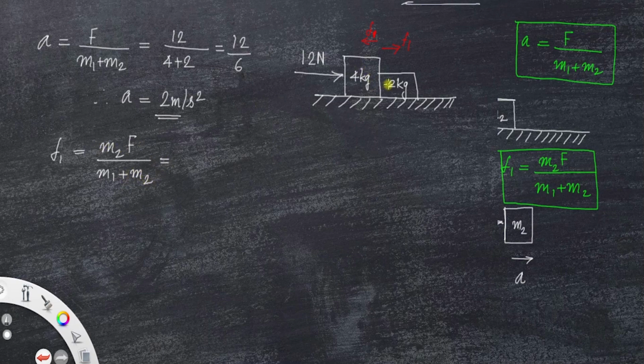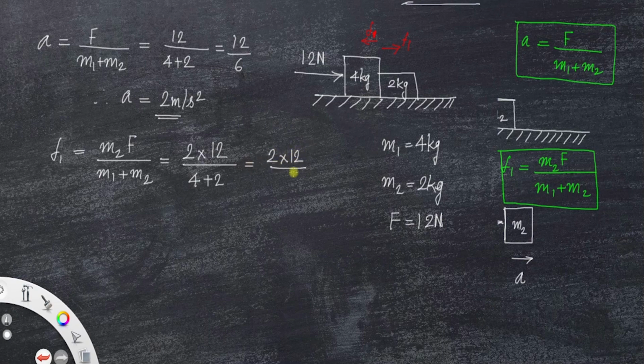Here M1 is 4 kilogram, M2 is 2 kilogram. Definitely the force F is 12 Newton. So 2 into 12 divided by 4 plus 2, which is 2 into 12 divided by 6. So that is equal to 4 Newton.